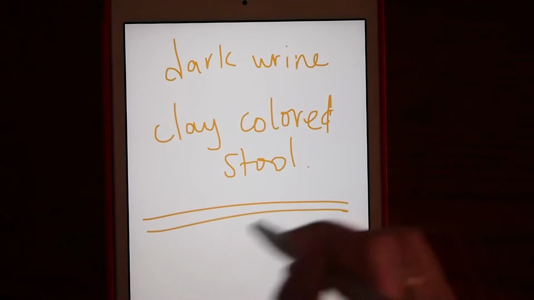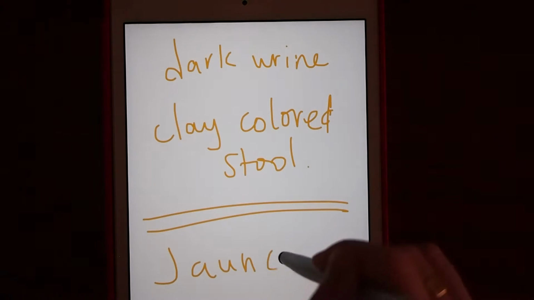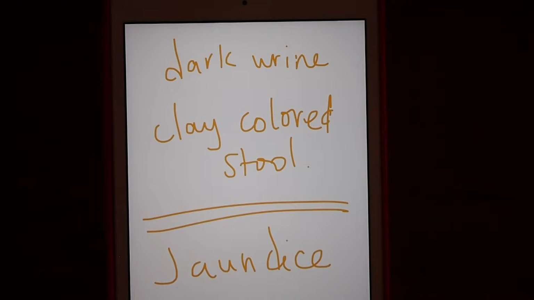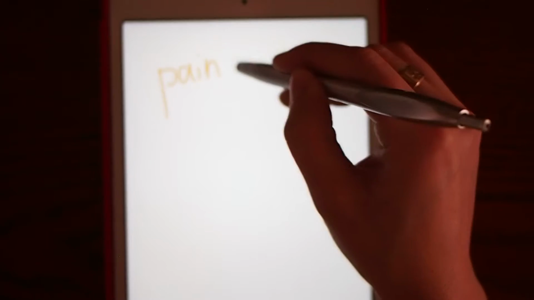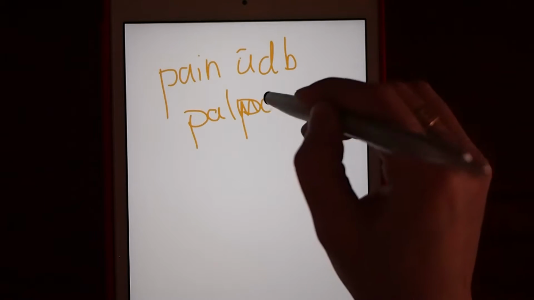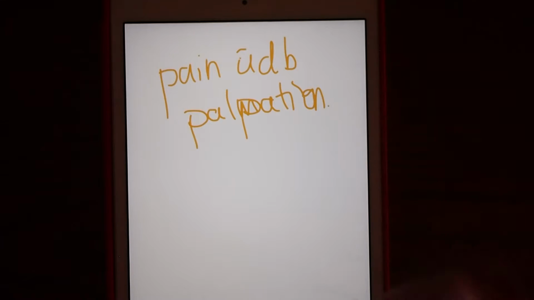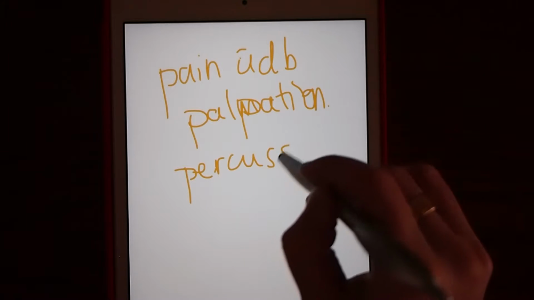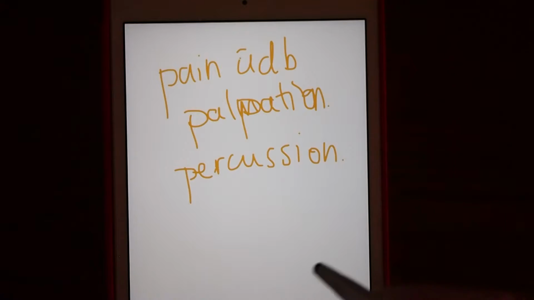Typically, jaundice is a late sign, but you also might see some things in your assessment, like a painful abdomen upon palpation and percussion.